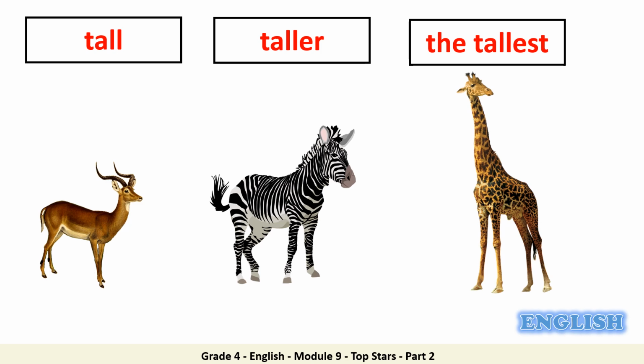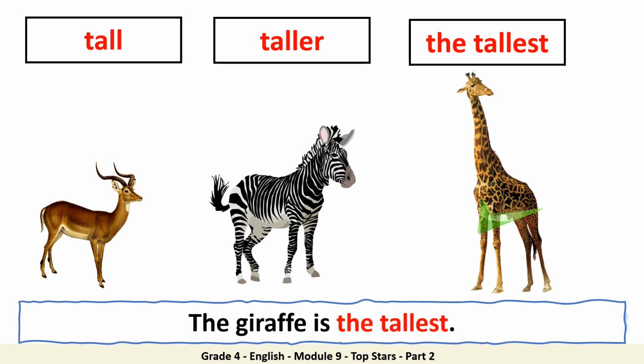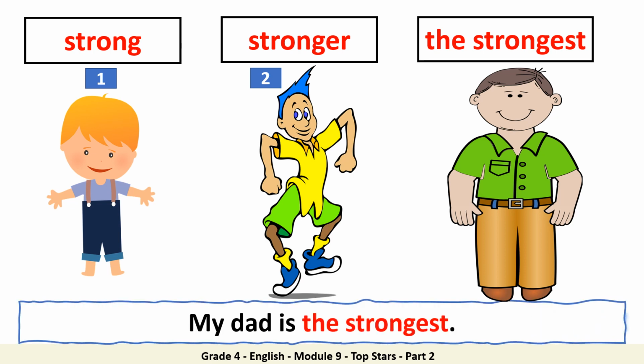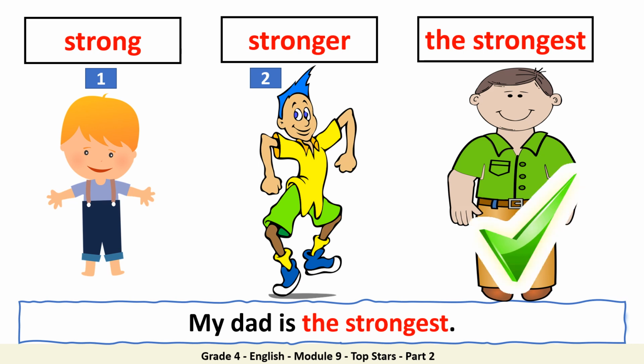The gazelle is tall. The zebra is taller than the gazelle, but the giraffe is the tallest. The first boy is strong. The second boy is stronger than the first boy, but my dad is the strongest.